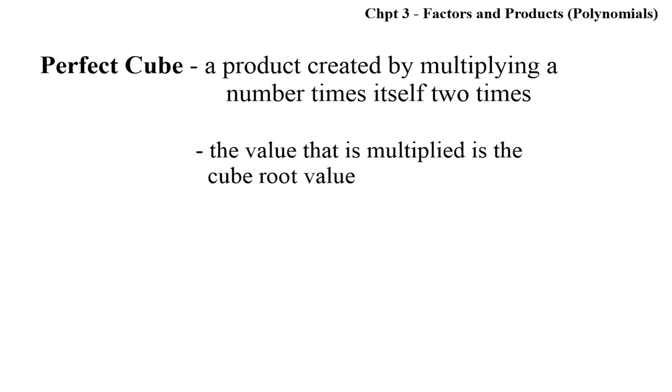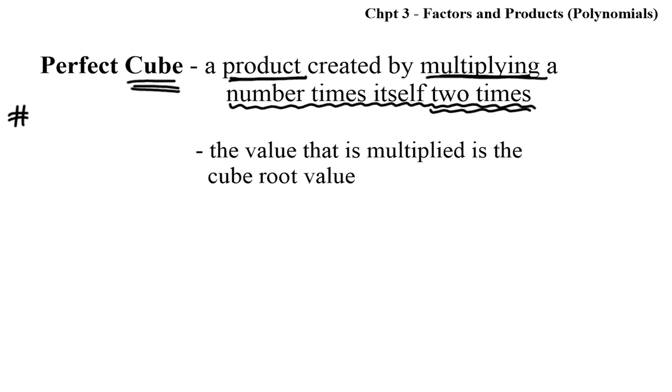The next part is something you may or may not be familiar with, and that's a perfect cube. It's the same kind of idea, the product created by multiplying a number times itself 2 times. So what happens, it's cubed because the number is a factor 3 times.